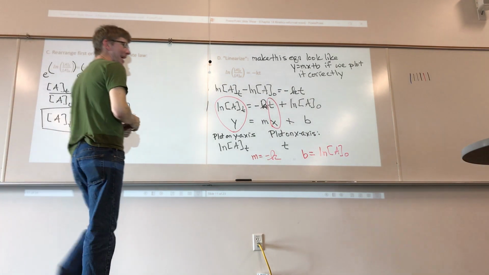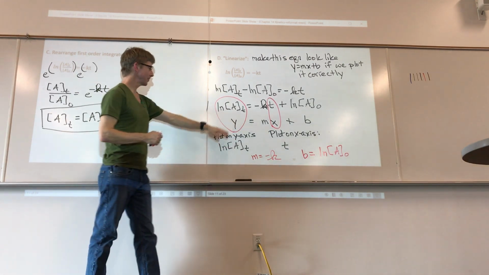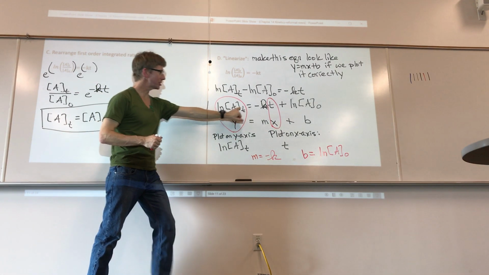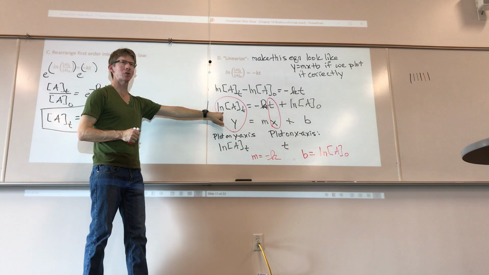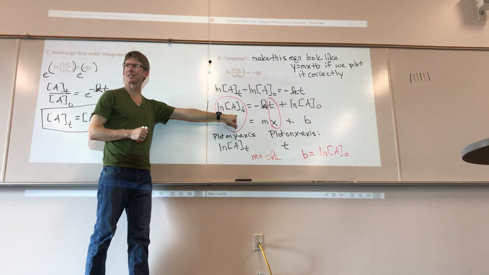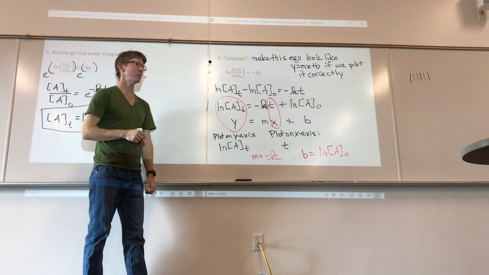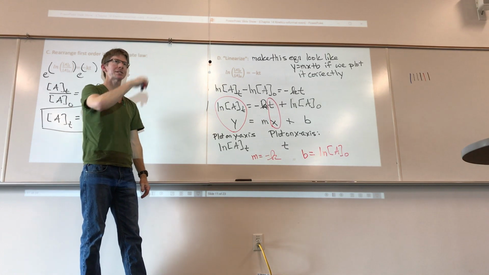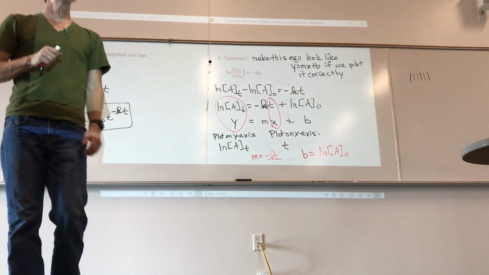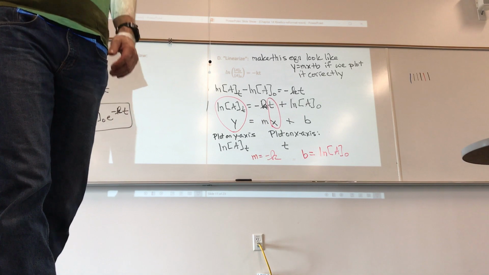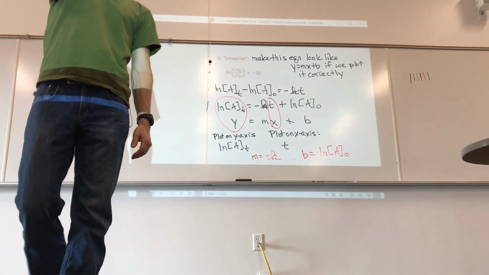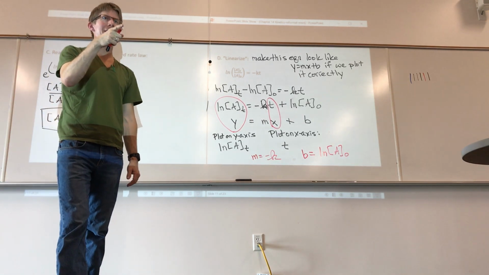And so what you will be tasked with doing is taking data for concentration versus time. You take the natural logarithm and plot it. Marissa? Good question. The question is, what's the benefit of linearizing the data?